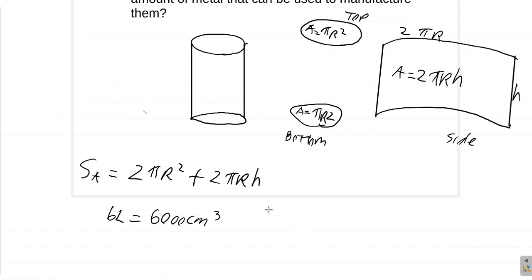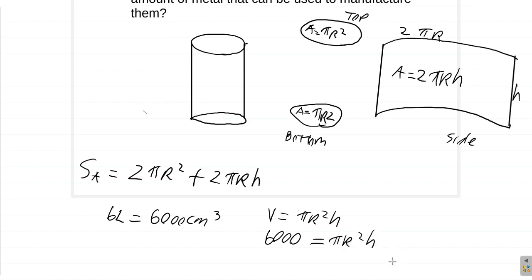The volume is, what's the volume of a cylinder? It's pi r squared h. And the volume is 6,000. So 6,000 cubic centimeters is equal to pi r squared h.